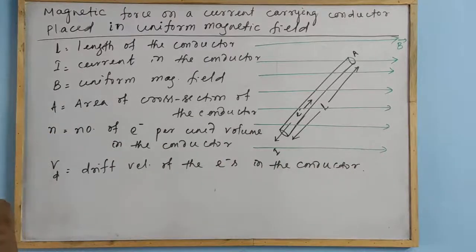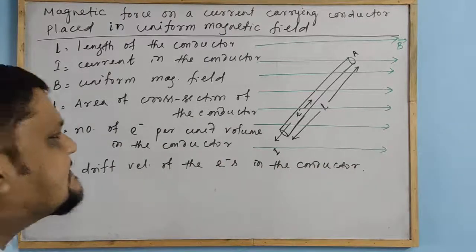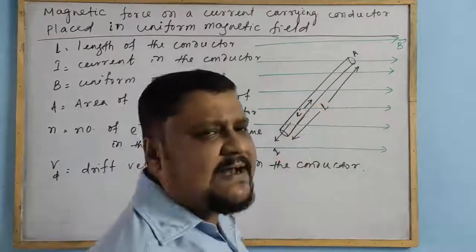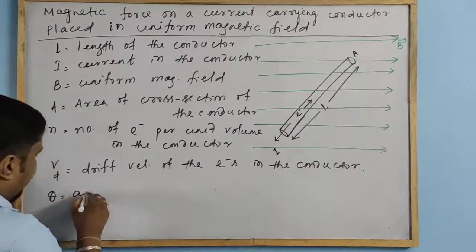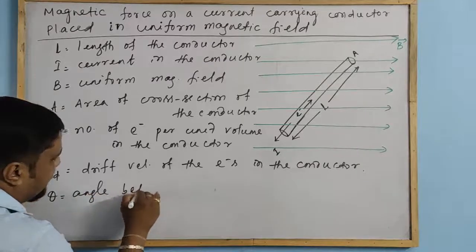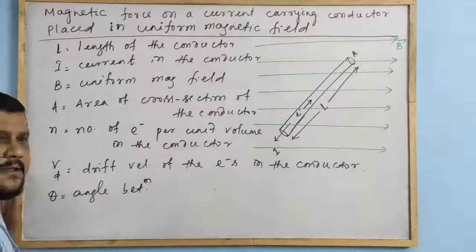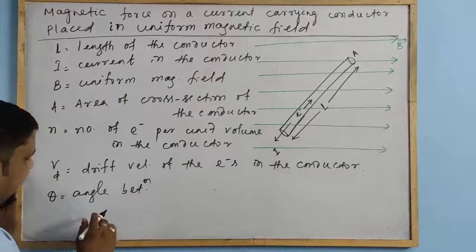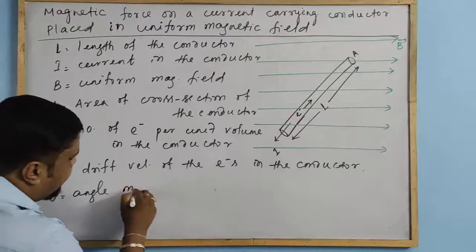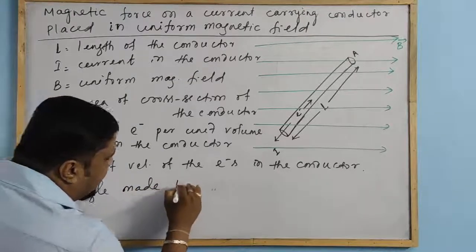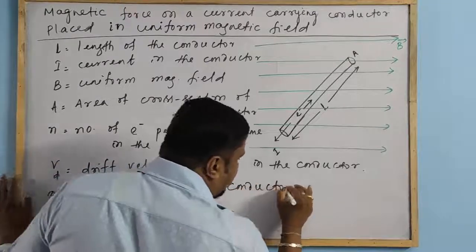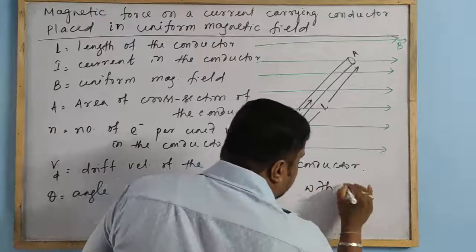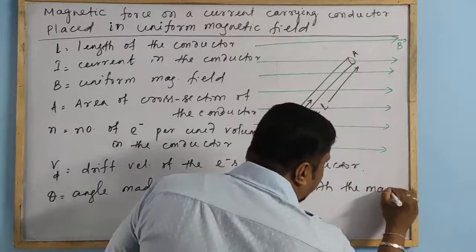And another thing we can say is that the conductor is placed at an angle theta with the magnetic field. Theta is the angle made by the conductor with the magnetic field.